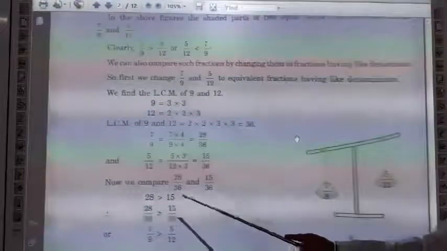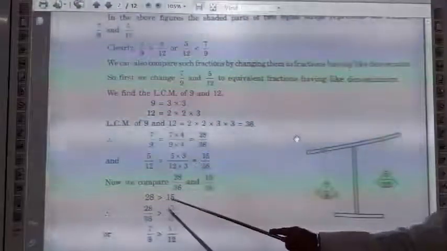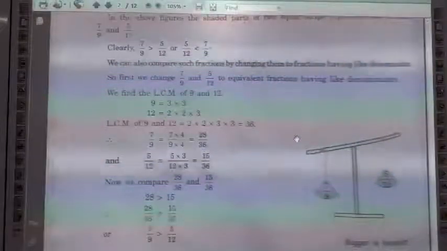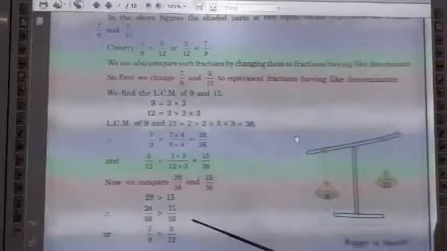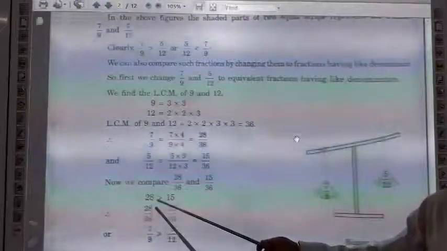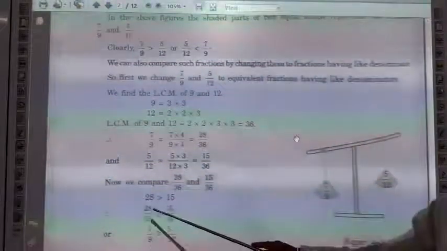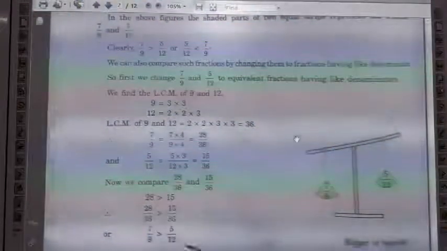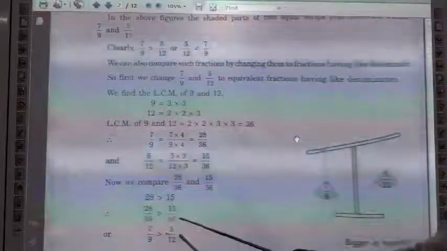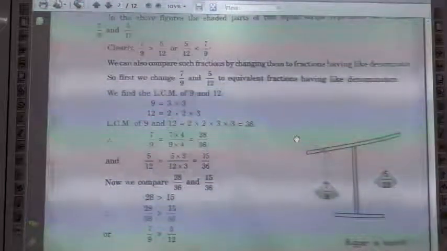Now we compare 28 upon 36 and 15 upon 36. Look, denominator is same. 28 is greater than 15. 28 upon 36 is greater than 15 upon 36. So 7 upon 9 is greater than 5 upon 12. Okay.